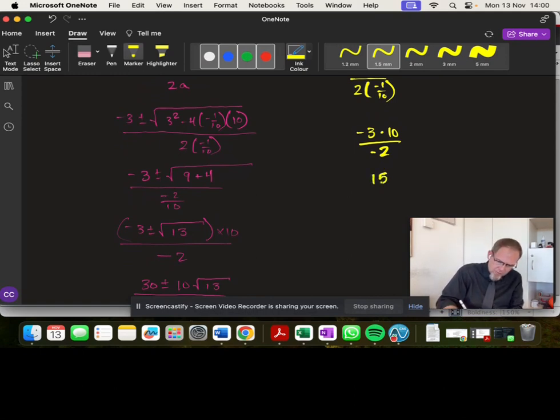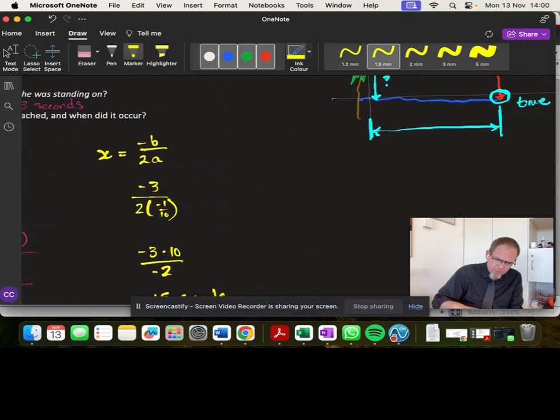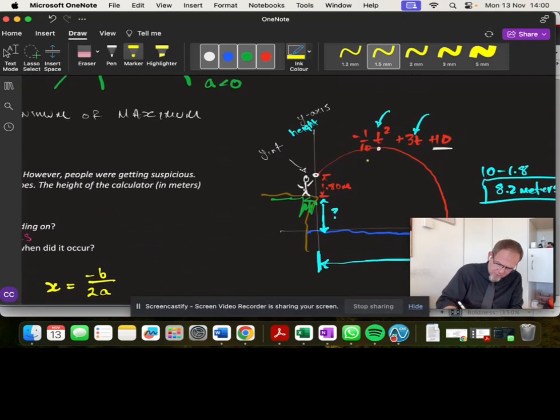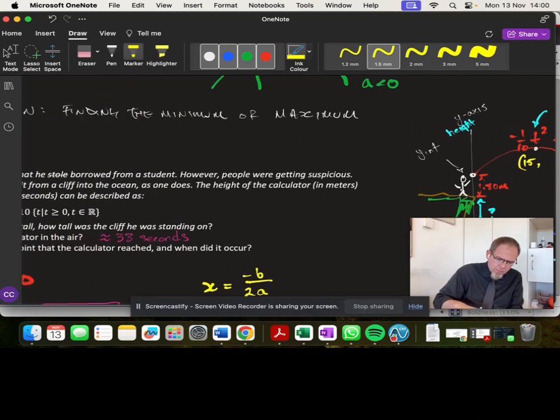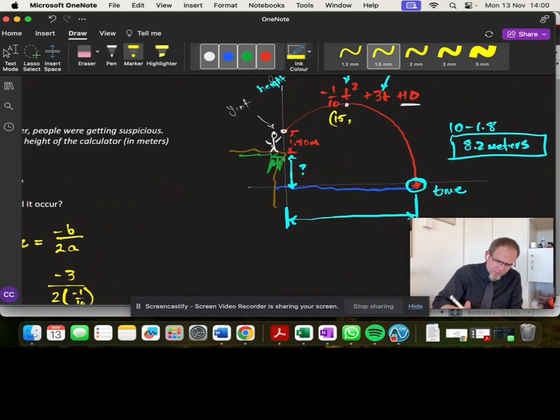So it's going to happen after 15 seconds. Okay? So after 15 seconds, we will be at this maximum point. And then, but we're after, what was the highest point the calculator reached and when did it occur? Well, this is my when.